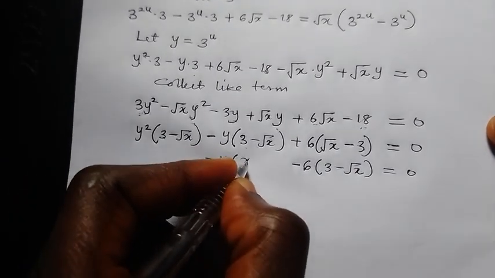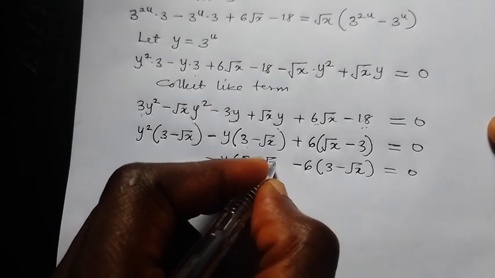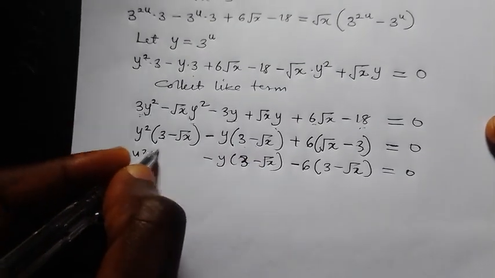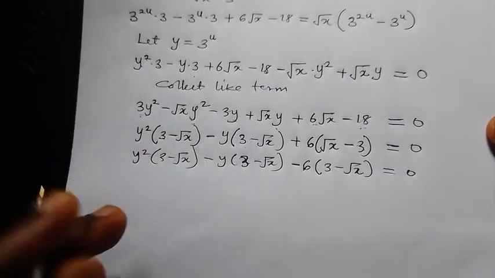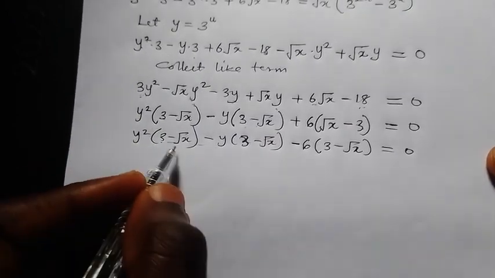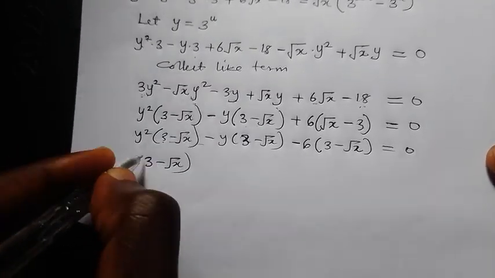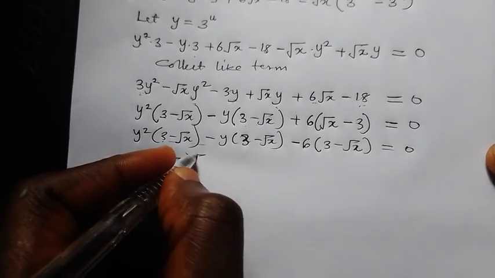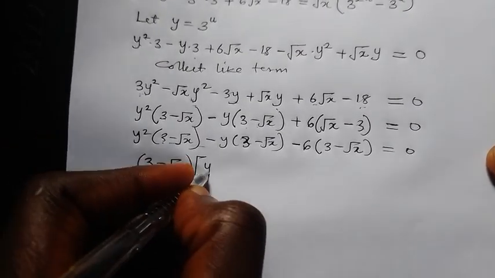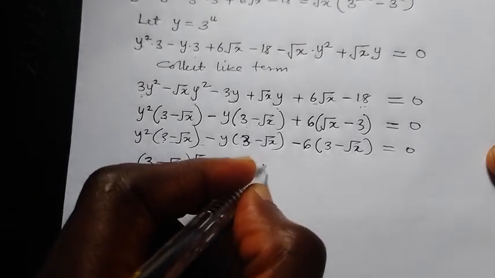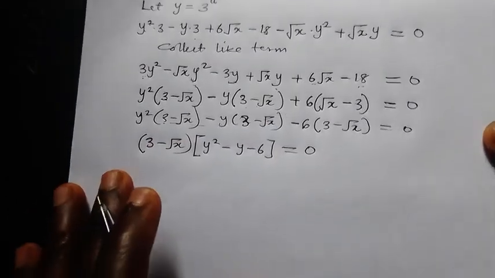Then let's just repeat this for consistency, so that we can visualize it together. Now observe that 3 minus root x is common all through, so we can factorize that out. Then we'll be left with y squared minus y minus 6 equals to 0.